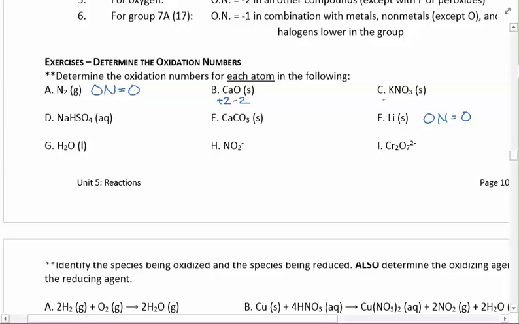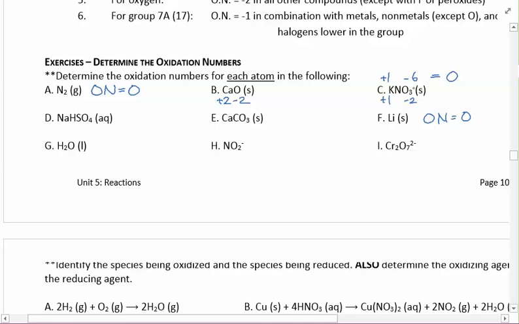Potassium we know is +1 because of the rules that we have, and oxygen is -2. Now, we do have 3 oxygen, just like before. We're going to multiply the charge by the quantity, so we're going to have a -6. So we have a +1 from the potassium and a -6 from the oxygen. When we add all of these up, it has to equal 0. There's no charge here.